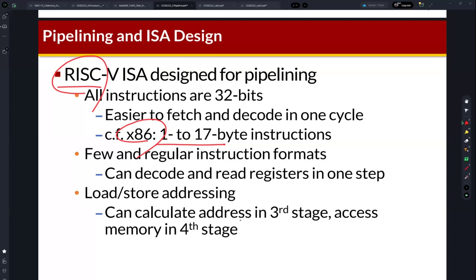Even though the instruction set is very complex, the clock frequency is high. There are many factors, like the architecture design, the hardware design, and also the semiconductor technology, that can determine the clock frequency.